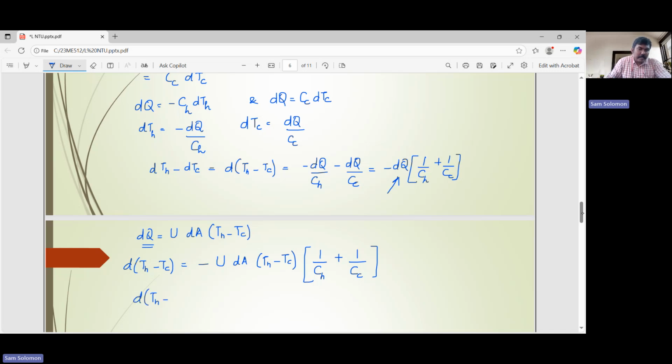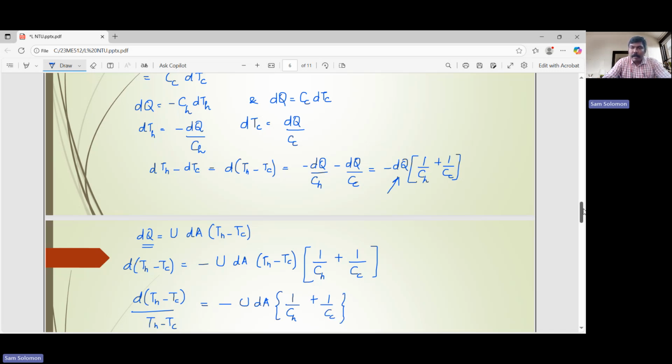If I bring that (TH minus TC) to the left hand side, it becomes d of (TH minus TC) divided by (TH minus TC) equal to minus U times dA multiplied by (1 by CH plus 1 by CC).